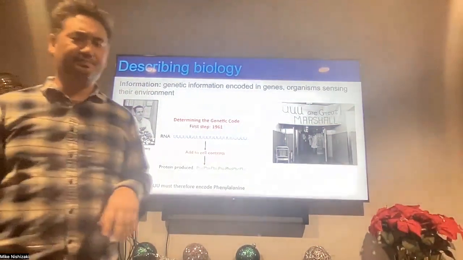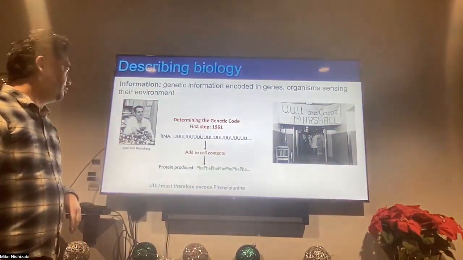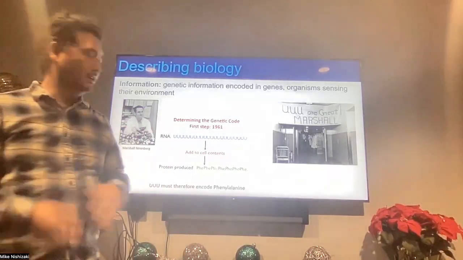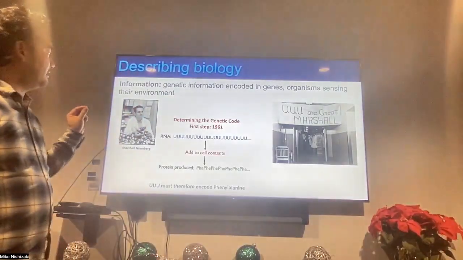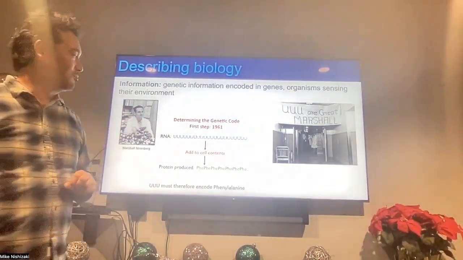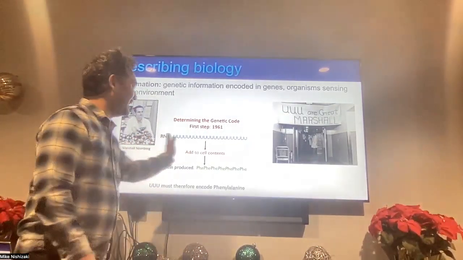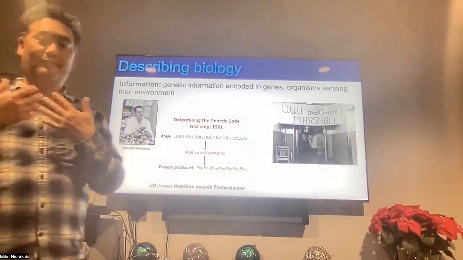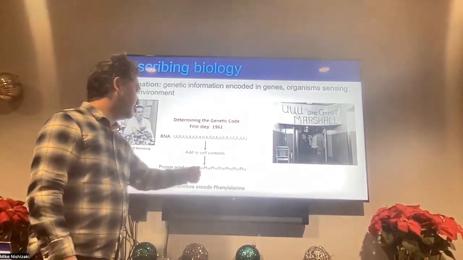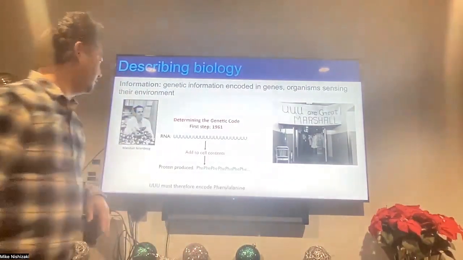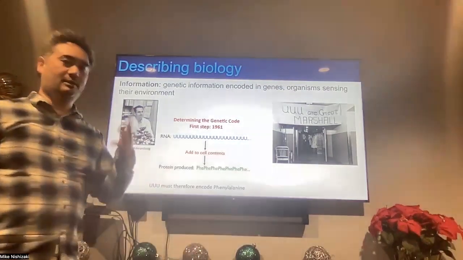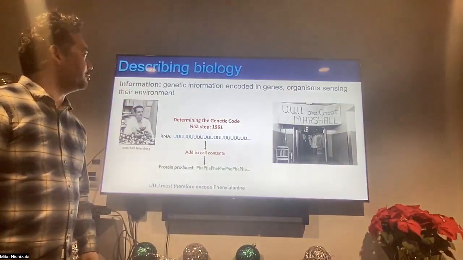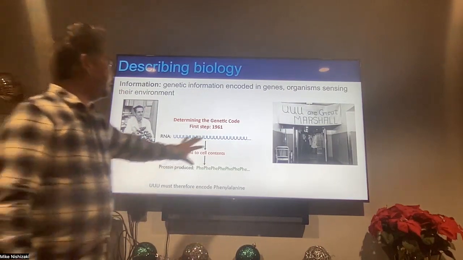So back in the 60s, there was a researcher at NIH who was researching the idea of the information in RNA and how it leads to amino acids within proteins, and did a really cool experiment where at 3 in the morning, he made a long string of just uracil bases, U. And then from that, they produced a predictable sequence of the same amino acid over and over and over again, which then leads to this idea of the triplet code here that's leading to the basis of protein construction.